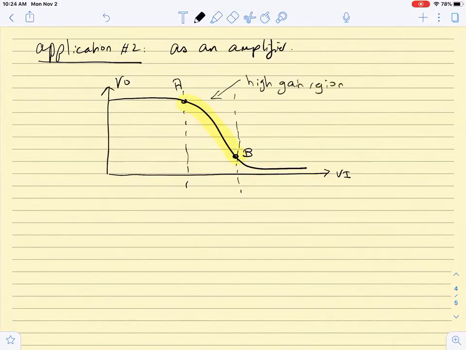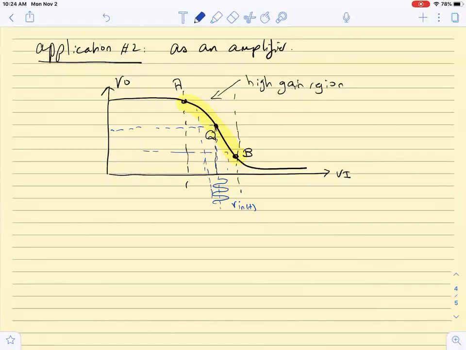This means that if I operate at a bias point Q in the middle of this region, as you remember from the beginning of the semester, and I apply an input signal Vn of t, then my output signal is going to be amplified.